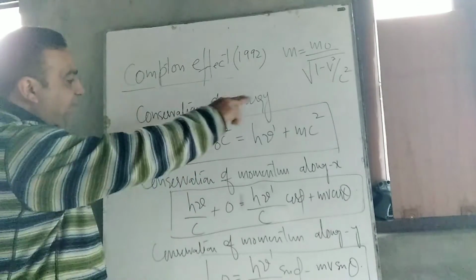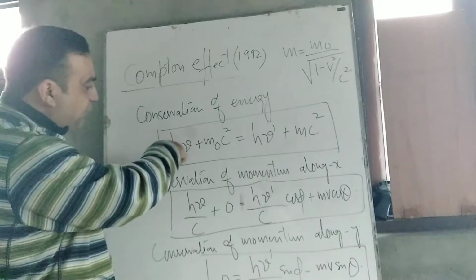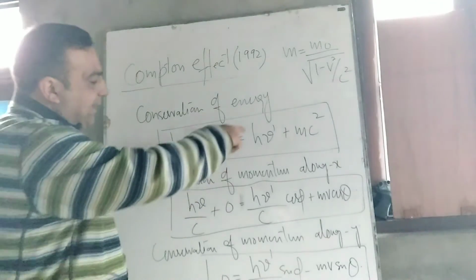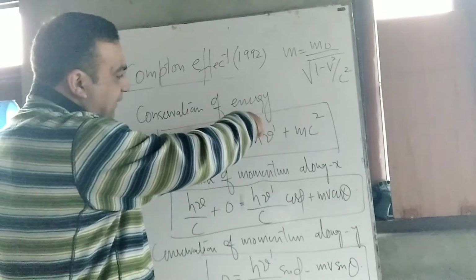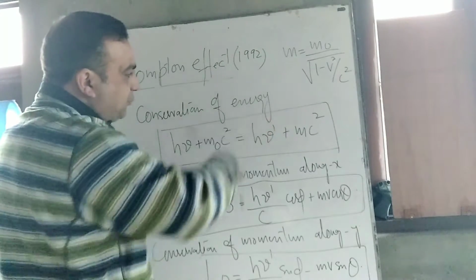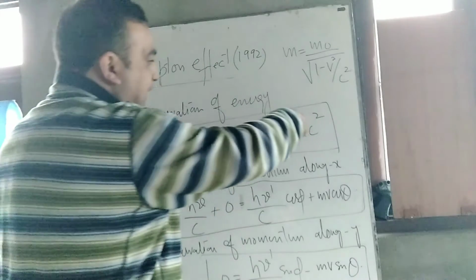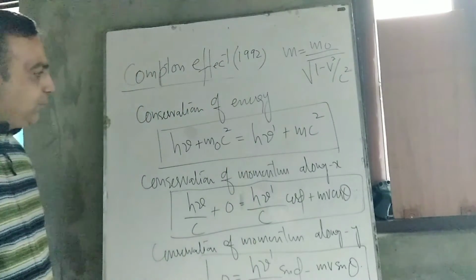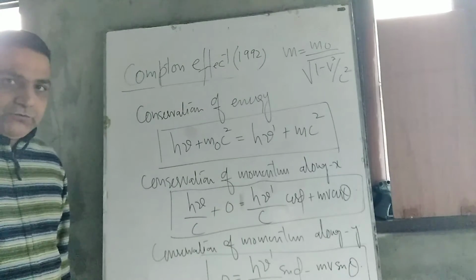So for conservation of energy, it will be the energy of the photon plus the rest mass energy of the electron. Then it will be the energy of the scattered photon, and then the energy of the recoil electron. You can see the symbols have their usual meanings.